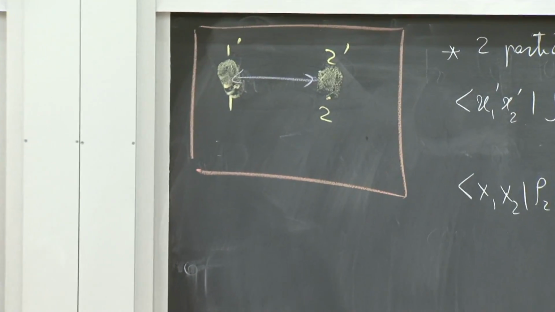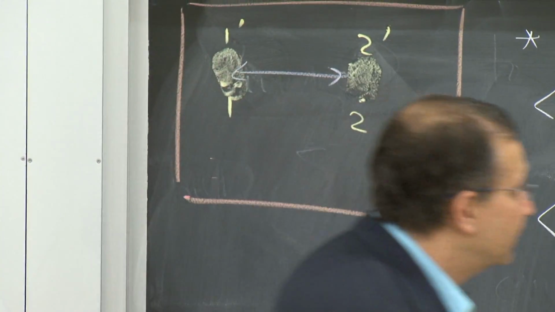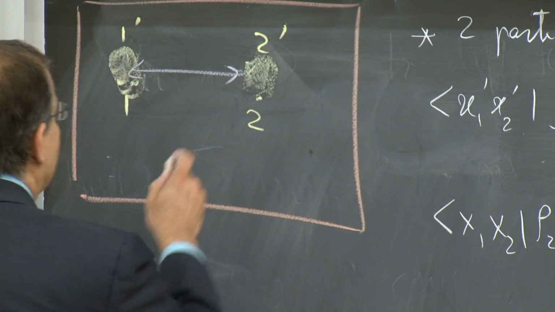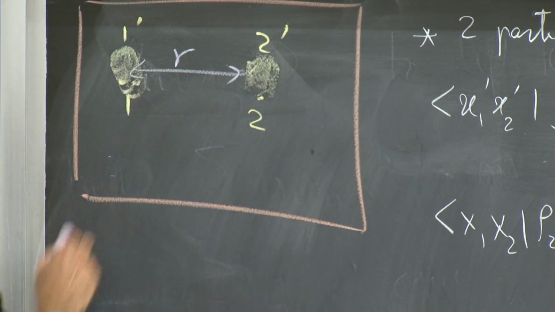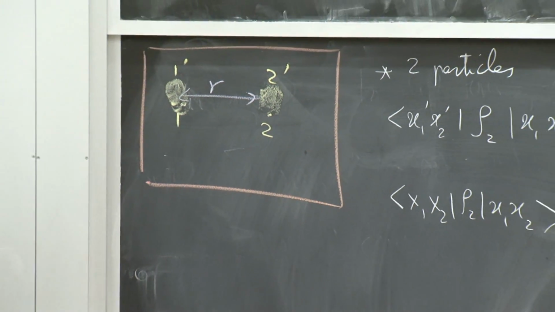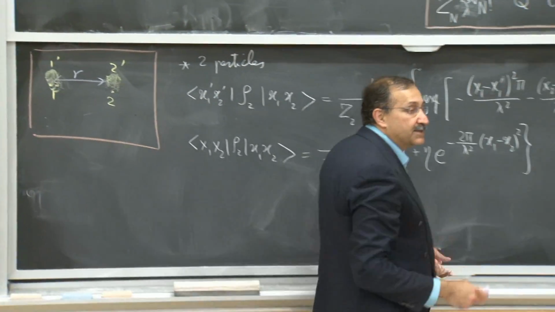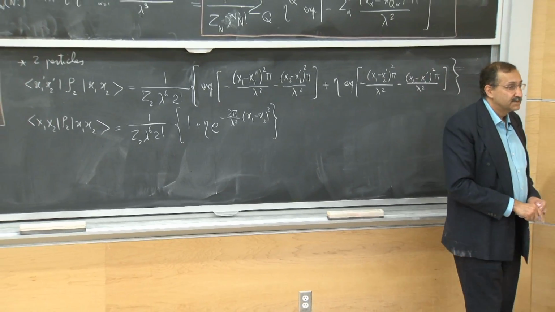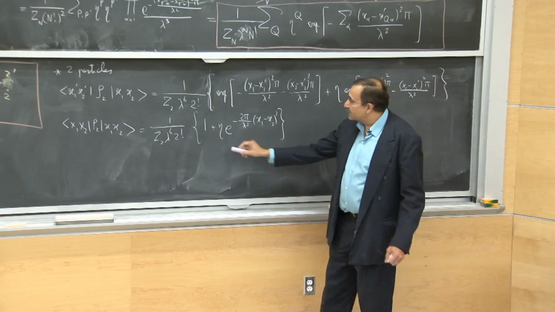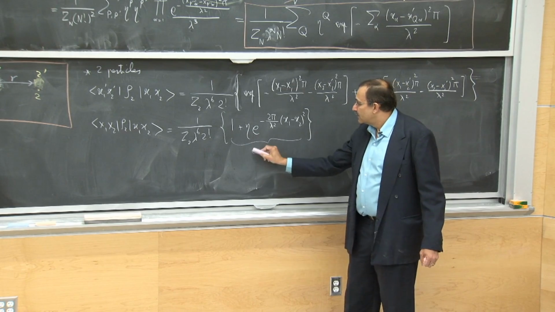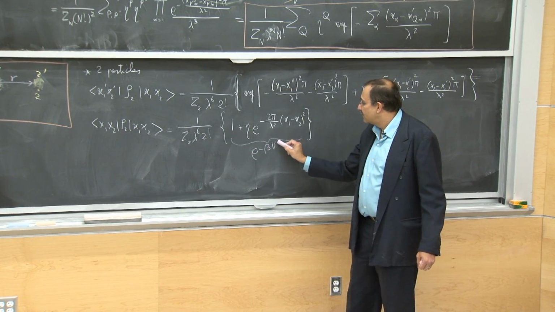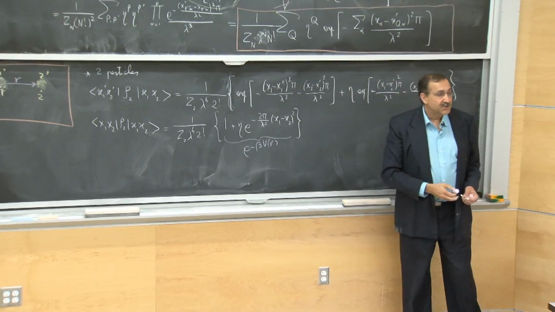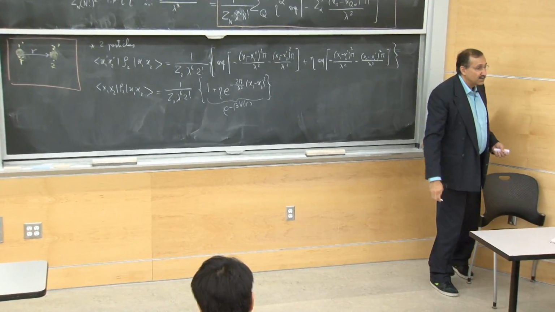So that separation is contained here. If I call that separation r, this is an additional weight that depends on r squared. So you can think of this as an interaction, which is solely because of quantum statistics.